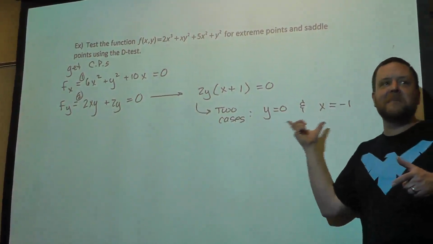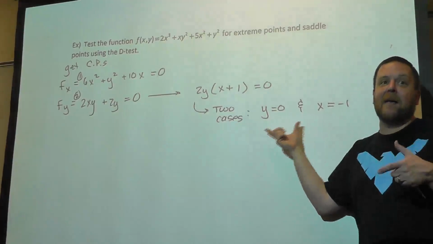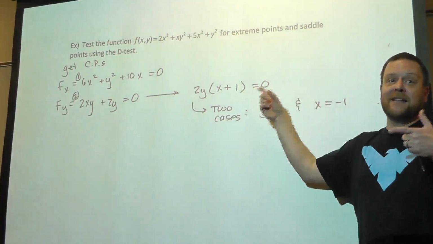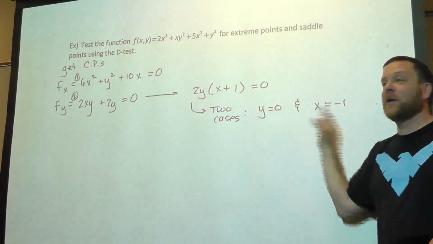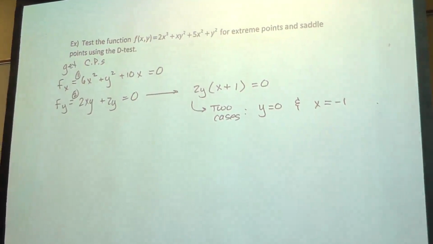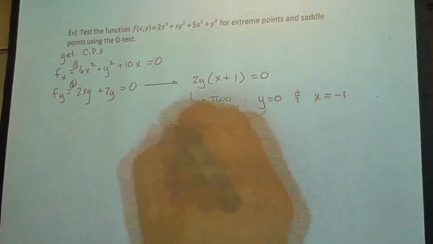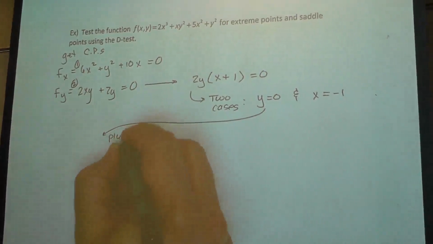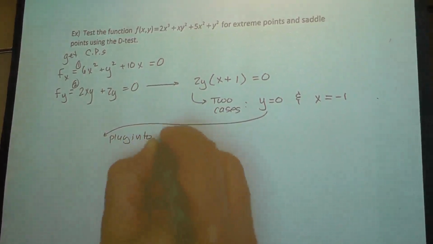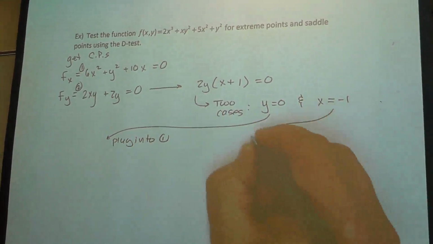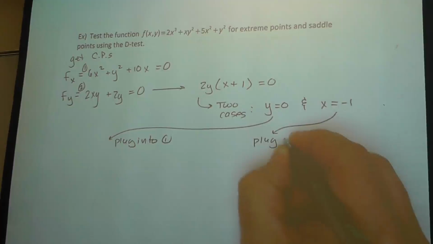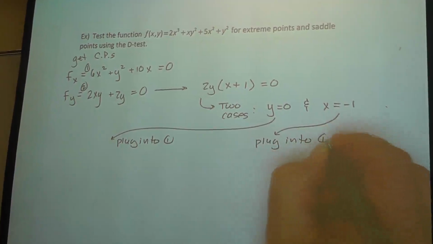So be careful not to mislead yourself into thinking this is a viable critical point, because you haven't checked it in the first equation yet. So that's why you want to take each of these one at a time. In two separate steps, we're going to take our cases and plug them into equation 1.